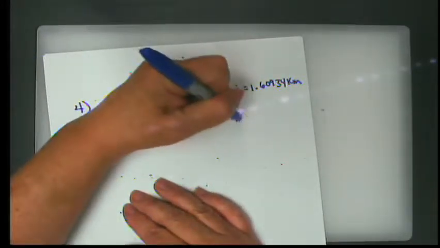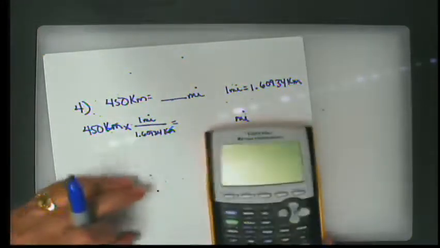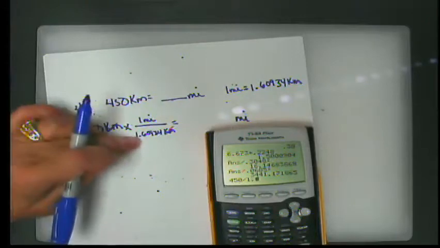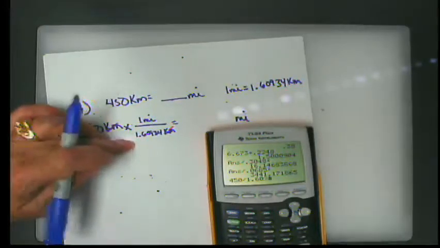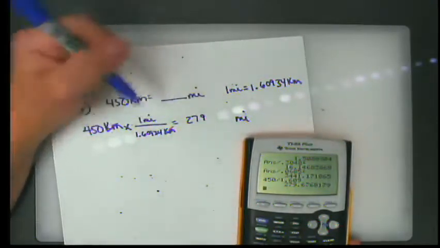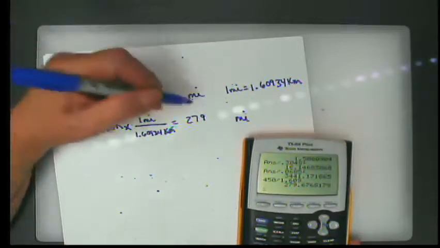My answer will be in miles, and I can see then that what I have to do is take 450 and divide it by 1.609 and some change, and that answer is 279.67.